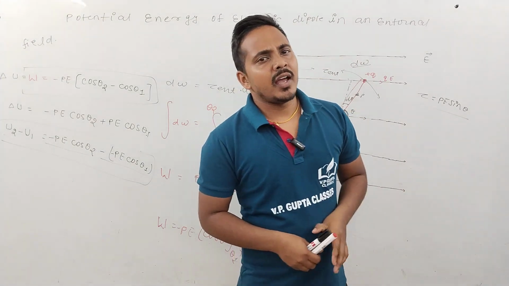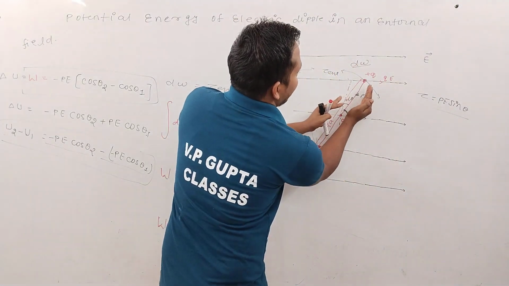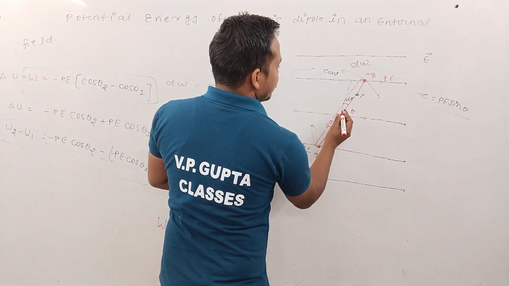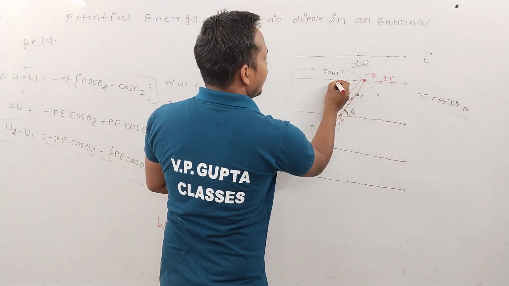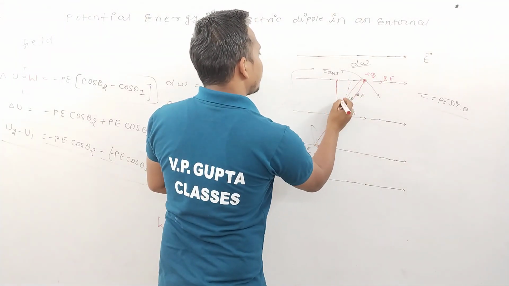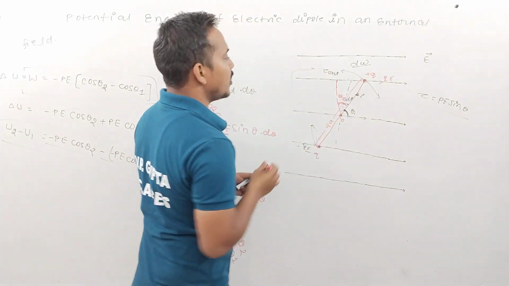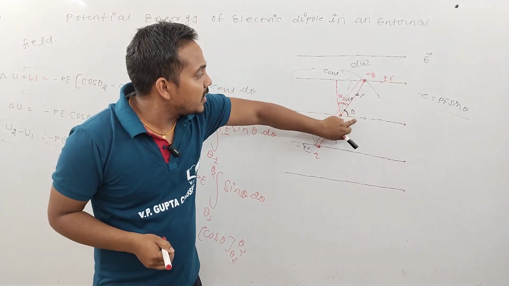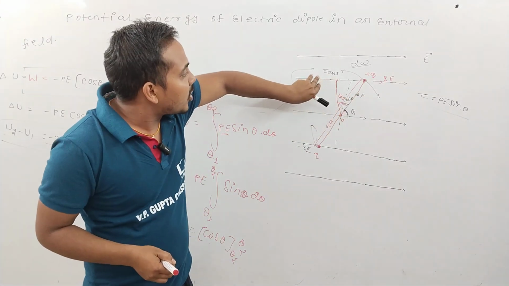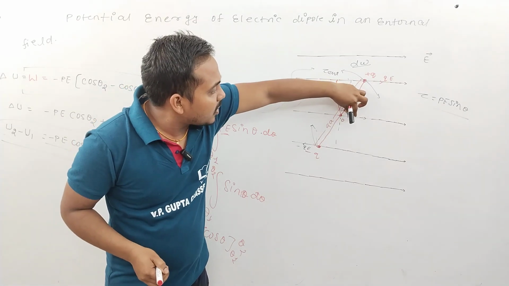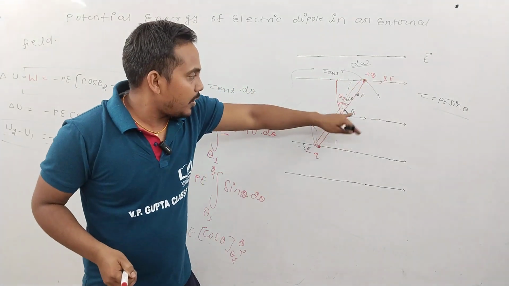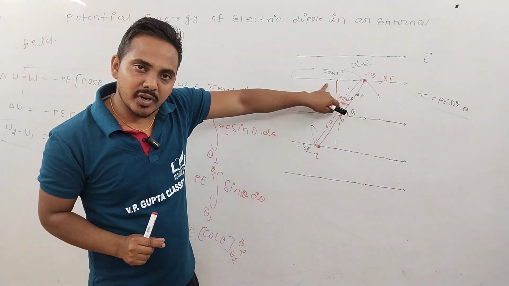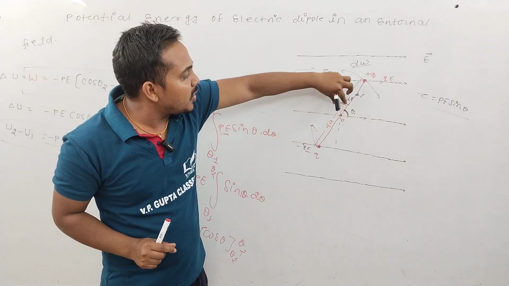We apply the torque from theta 1 to theta 2, we apply the tau ext, and then there is a change in potential energy.